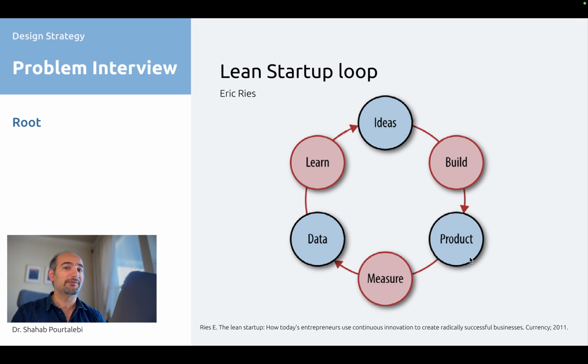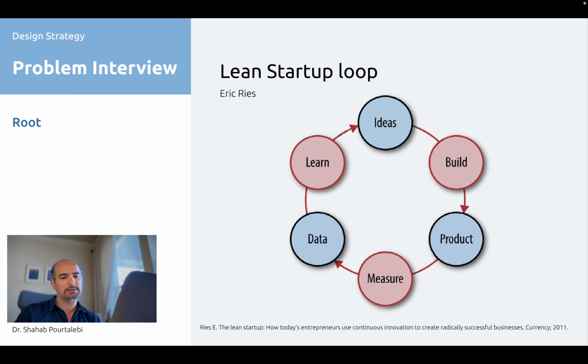Instead of a product, we have those assumptions to be validated. So we start measuring, and then there are going to be some user insights, some data, and we process that and continue this way. That's the starting point of this strategic design process.